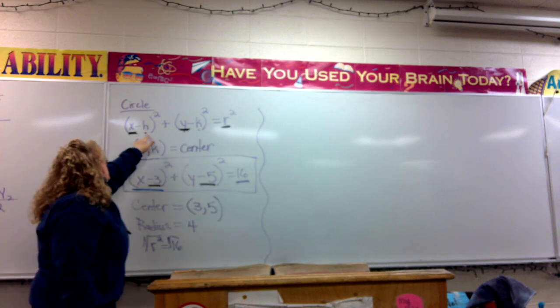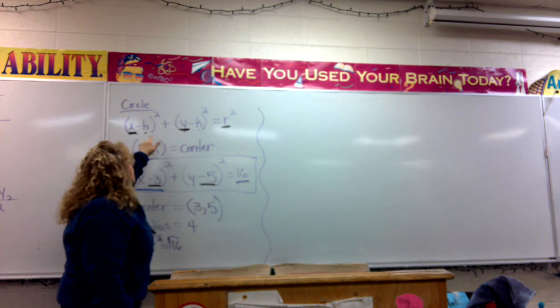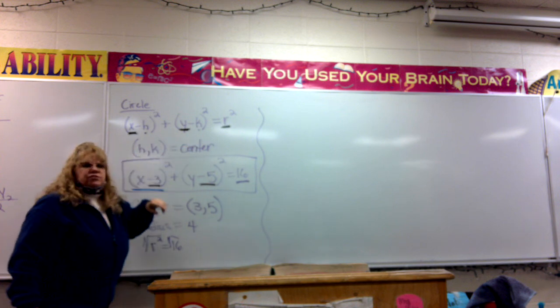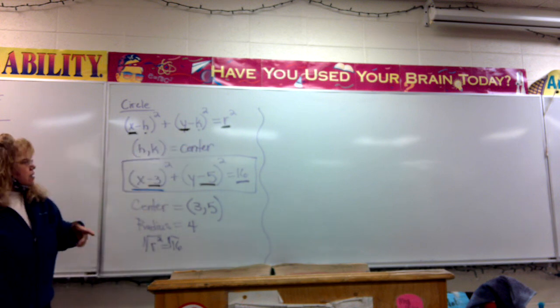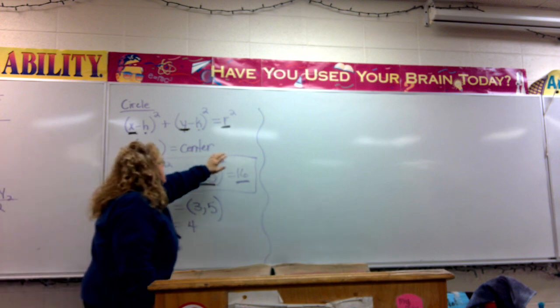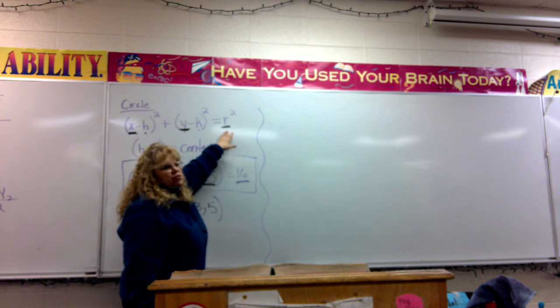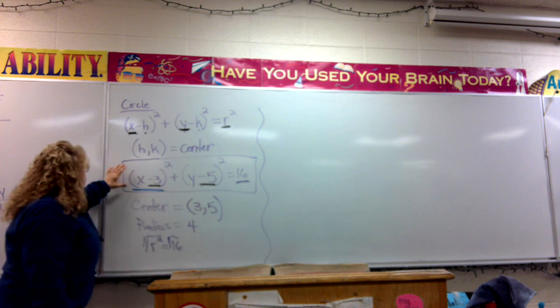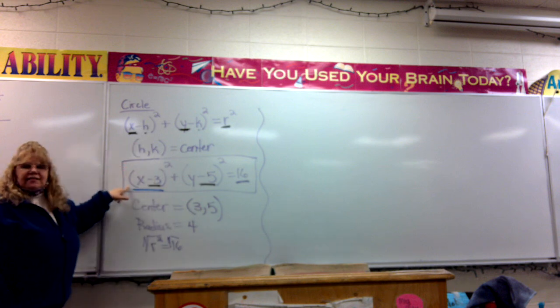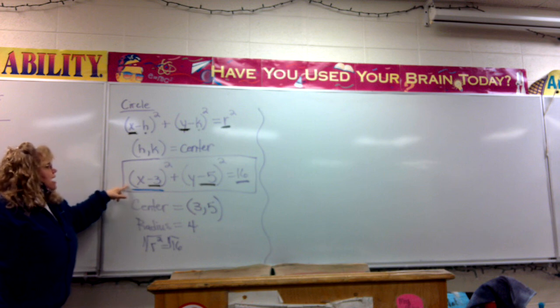We said this h and k, the opposite of those values is the center of the circle. And then over here, the radius squared. So they would give you an equation that looks like this, and you had to tell what was the center and the radius.